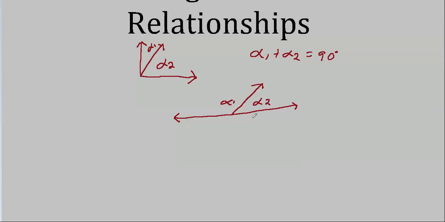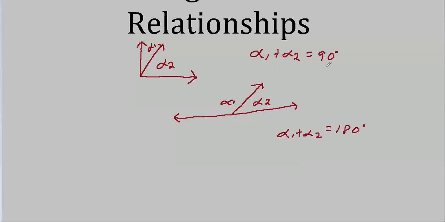What do these add up to? Well, they add up to that straight line, which is 180 degrees. These are called supplementary angles. Up here, complementary. Down here, supplementary.